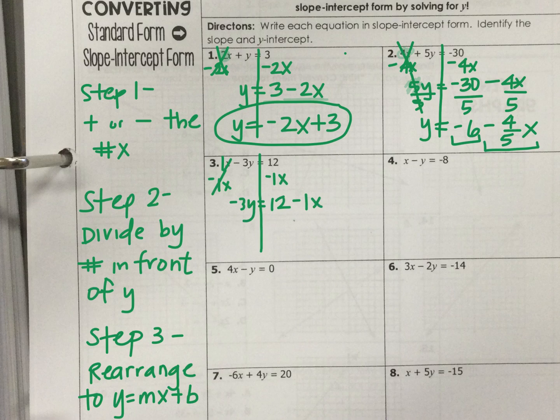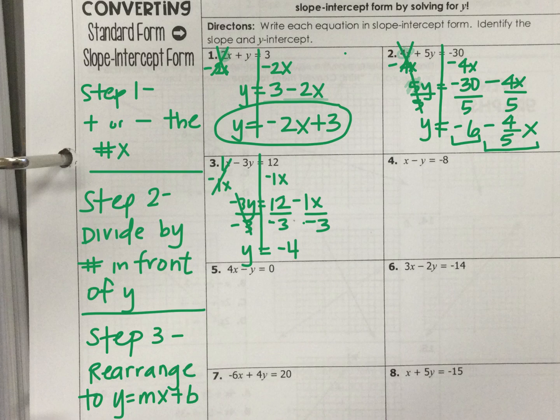Now, step 2, I divide by the number in front of the y. So I'm going to divide by -3. That marks out, and y equals 12 divided by -3. When you put that in your calculator, it gives you a -4.